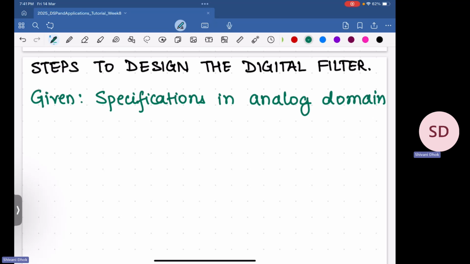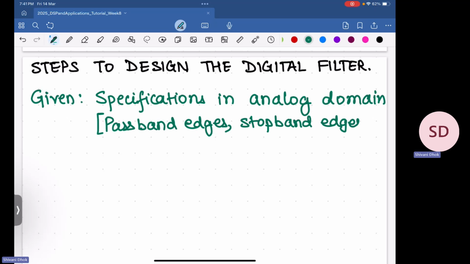And what will these specifications be? Passband edge, stop band edges, tolerances, and sampling frequency.